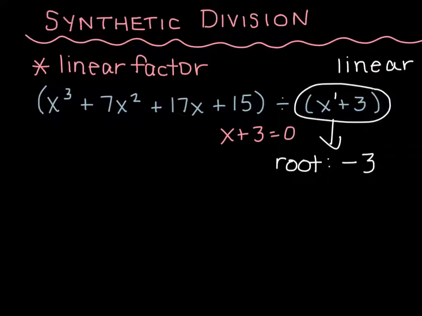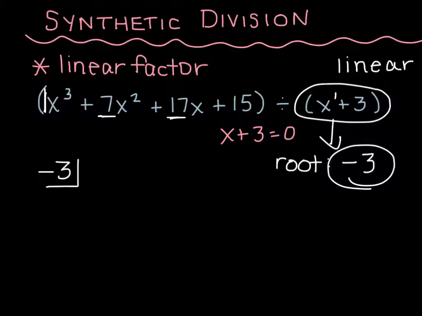So here's what the setup looks like. We're going to start with that root that we just talked about, that negative 3, and put it in this fancy little box over here. I don't know who came up with the box idea, but they did. Then you want to take the coefficients off the polynomial that you're dividing into. Remember, coefficients are the numbers in front of the variables.